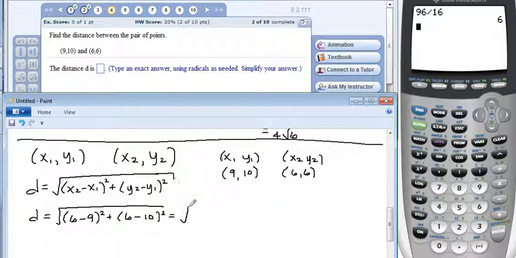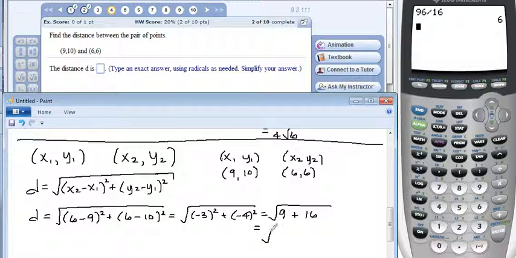Now I'm back into my radical rule, so I have to keep in mind how to simplify. So 6 minus 9 is negative 3, and 6 minus 10 is negative 4, and negative 3 squared is 9, and negative 4 squared is 16.